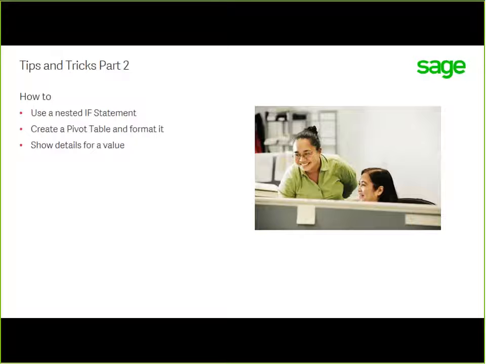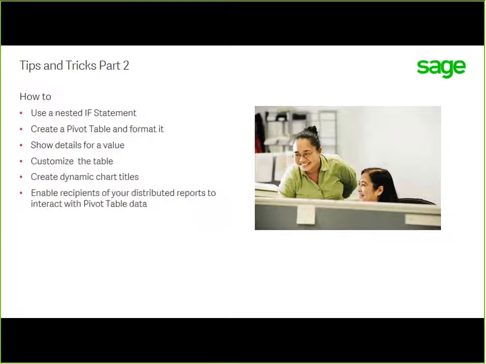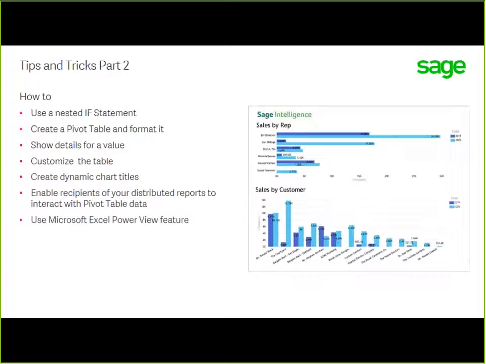Then we're going to talk about how you can show details for supporting values from a pivot table. I'm going to show you how you can customize a table. There's so many different ways you can customize it. And then how to create dynamic chart titles. That one's so much fun. And then we're going to talk about how you can enable the recipients of your Sage Intelligence distributed reports to interact with pivot table data.